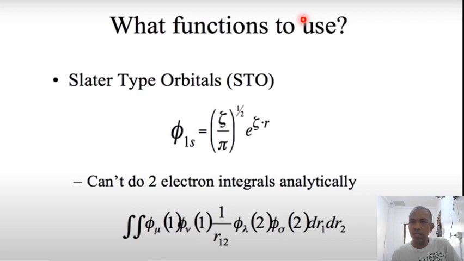This exponential decay is linear in r in the exponent, and it is characteristic of actual atomic systems, where the electron density decays exponentially.